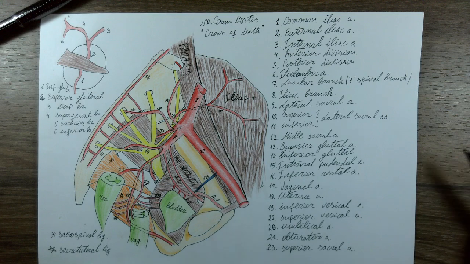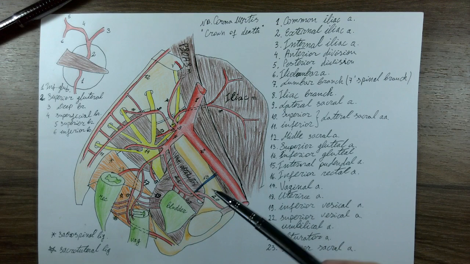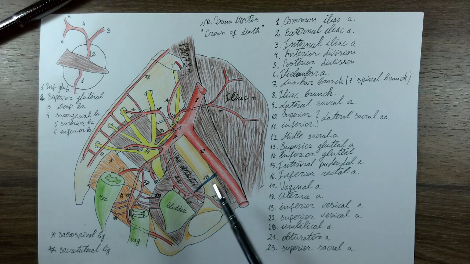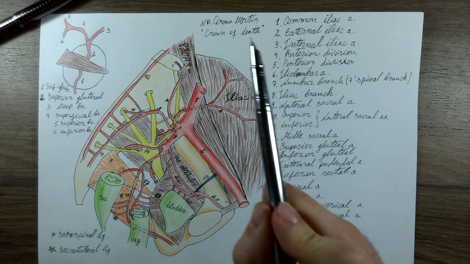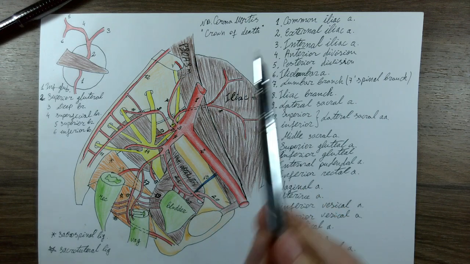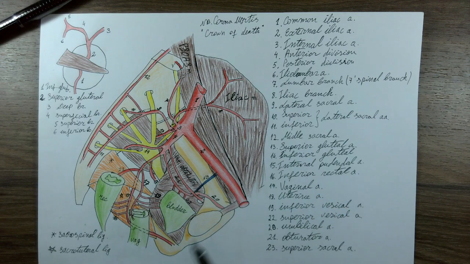The other more interesting thing that I can give you here as a piece of information is this blue variable vessel here, which I've marked with nota bene, and it's called corona mortis, or the crown of death, which is a very poetic name, as you can see. So what's that? That's basically a variation where the obturator artery does not come from here, from the internal, but comes from the external.